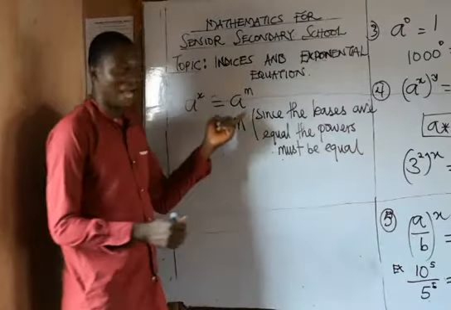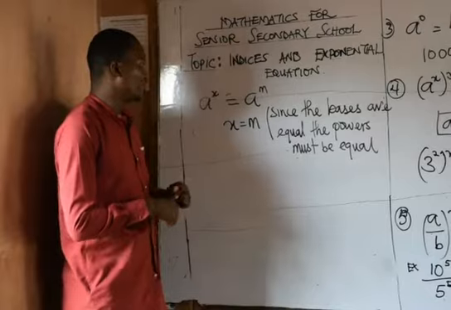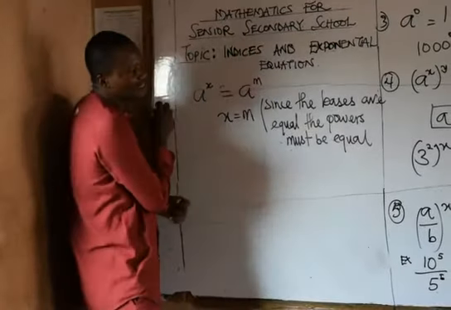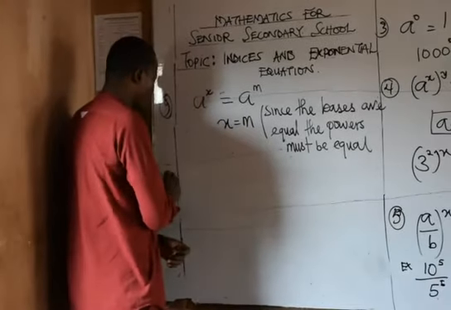Since the bases are equal, the powers must be equal. That is the 9th law, and we'll take the 10th law.